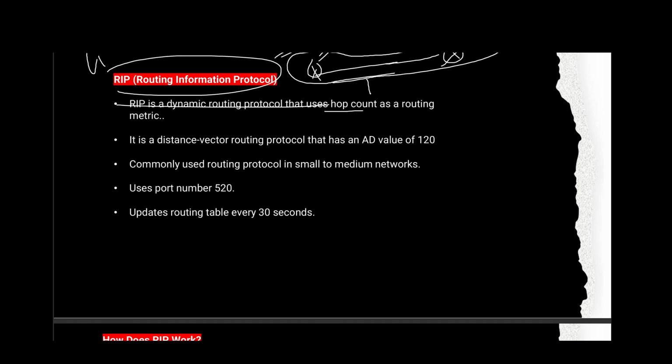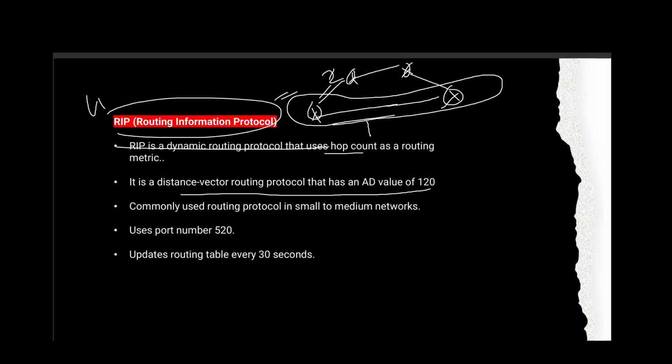It is also a distance vector protocol with an AD value. We're going to talk about the AD value next time, but it's good to know that the lower the AD value is, the more reliable the route is for the router. So if it's 110, it will follow that protocol. If it's 50, it will follow that specific path itself.